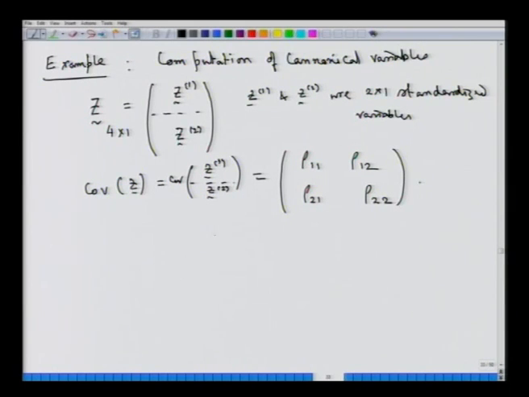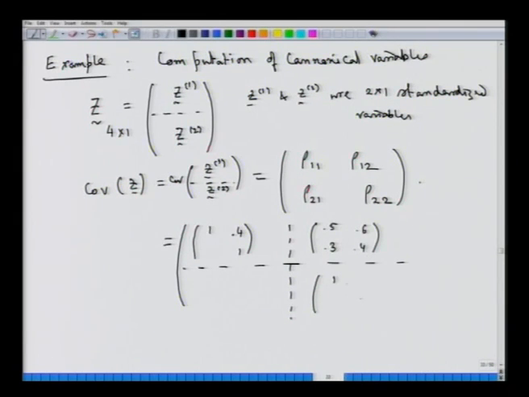Now suppose these values are the following. We take the following numerical values of these 4 block matrices, 2 by 2 matrices each of them. So this one is given by 1, 1, 0.4, 0.4. For the second block, we take the numerical values as 0.5, 0.6, 0.3 and 0.4, and this block here 1, 1, 0.2.